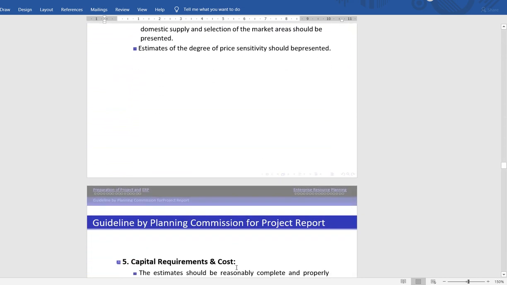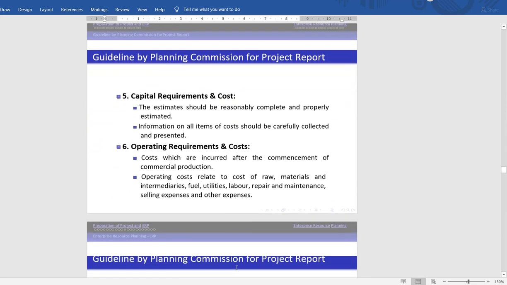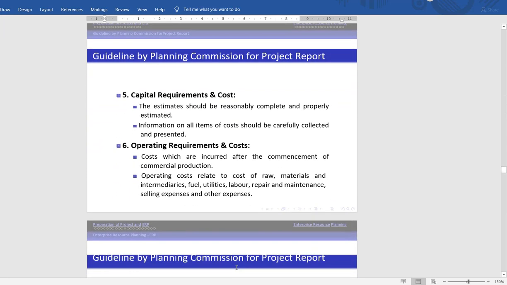The fifth point is capital requirements and costs. The estimates should be reasonably complete and properly estimated. Information on all items of cost should be carefully collected and presented. This mainly tells about the cost of creating the product, and what the capital requirement is.